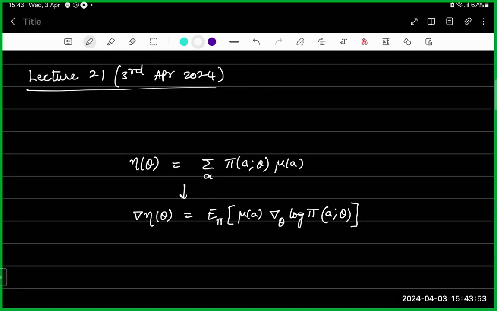In today's lecture, what we'll do is, in the last lecture, we have seen this basic version of policy gradient descent, where instead of mu of A in this expression, we have just used RT as the substitute, right? RT is one sample of the reward that you get for following action A, right?